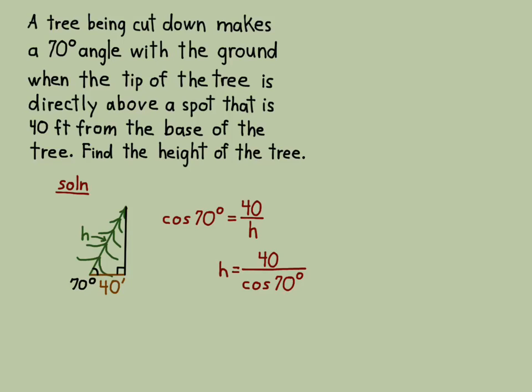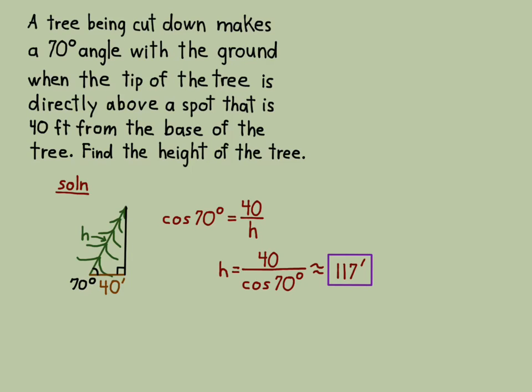So I just cross multiplied, the h goes over here, and the cosine 70 goes down there. And I get h is 40 over cosine 70 degrees. I put the mode of my calculator into degrees, and then I just enter that, and I get approximately 117 feet.